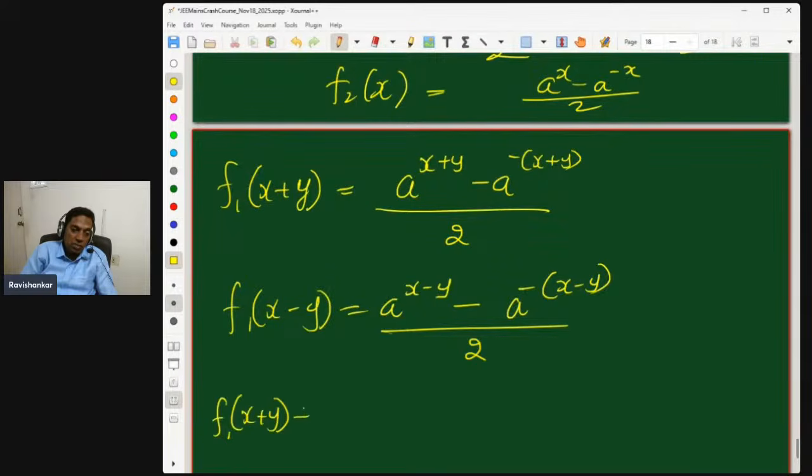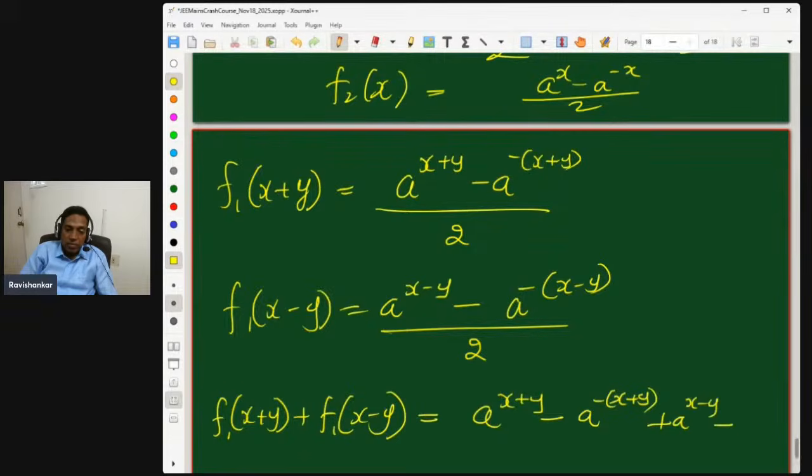So the sum of both is a power x plus y, minus a power minus x minus y, the whole by 2.